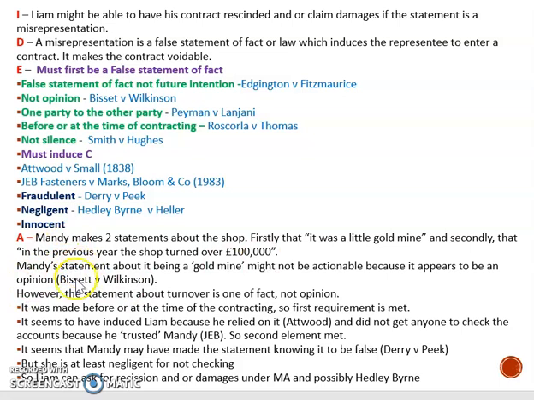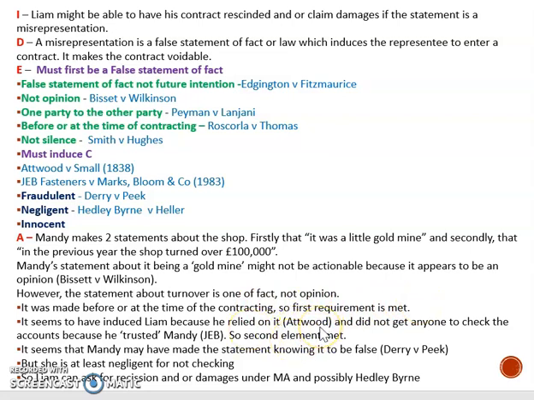So even if that one's a problem, might be an opinion, the statement about turnover is definitely one of fact, not opinion. It was made before or at the time of the contracting, so that first requirement for misrep is met.